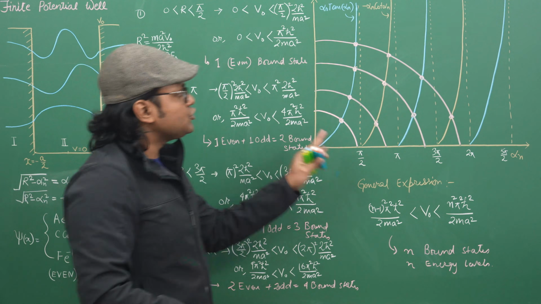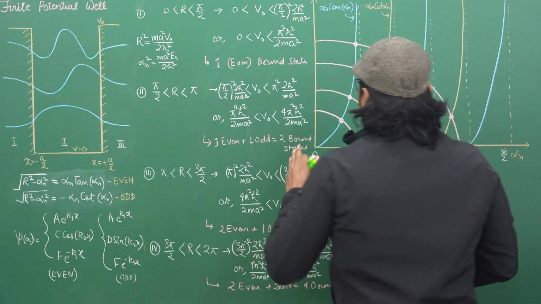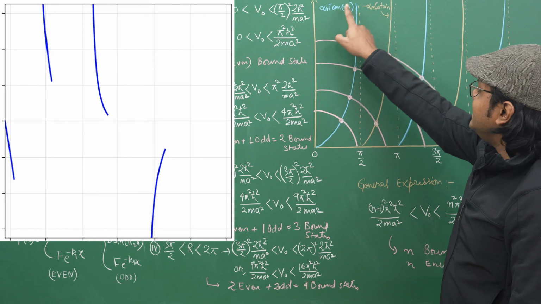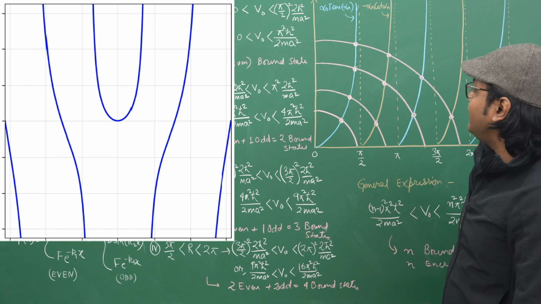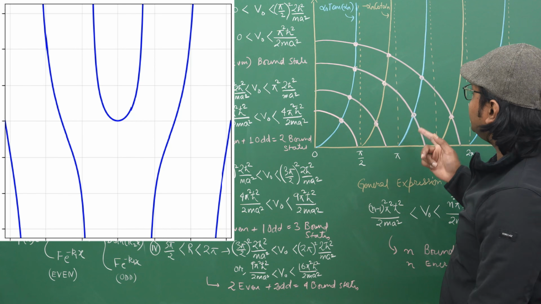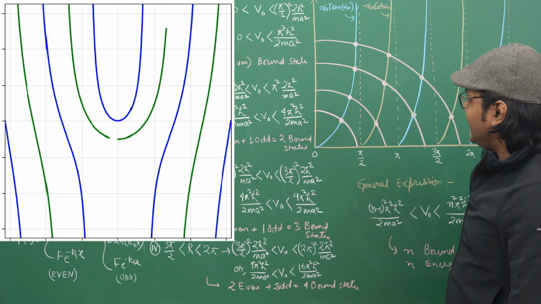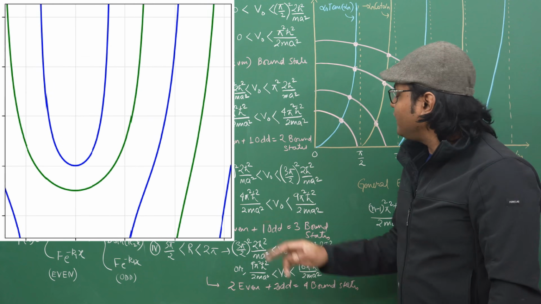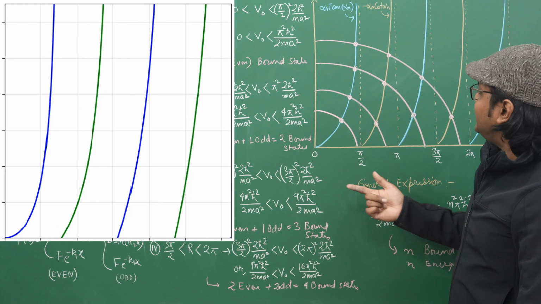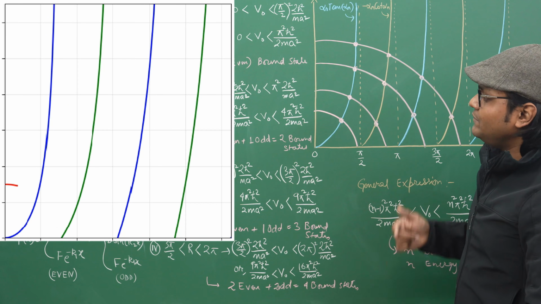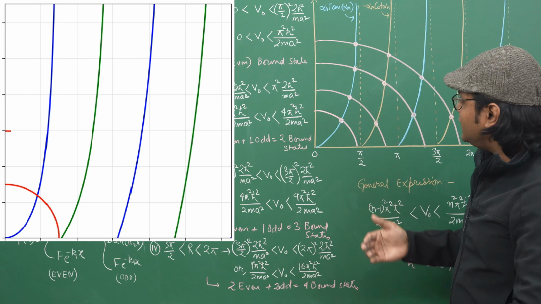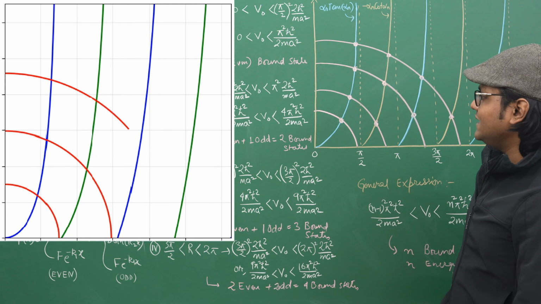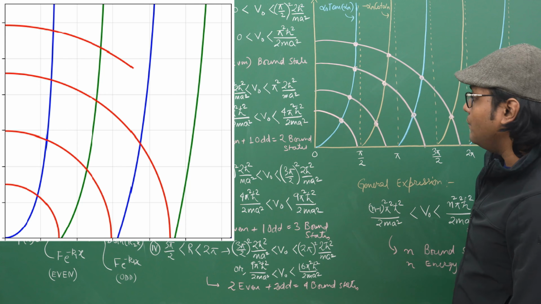For this, I have already shown you a specific animation: if we construct the trigonometric functions in a graph, whether it is for the even states, alpha tan alpha, or for the odd states, minus alpha cot alpha, and we simply look at the first quadrant, which corresponds to positive values of energy, and then draw the different circles on the left hand side that correspond to different potential depths, we get these intersection points for every case. And this kind of graphical analysis can give us an idea about the total number of bound states.